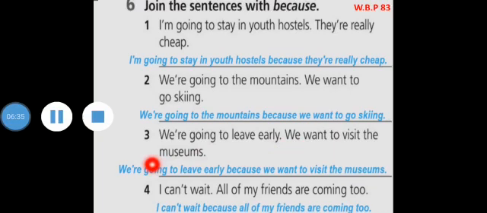Number 4, I can't wait because all of my friends are coming too. Again, delete the full stop, use because, and all begins with a small letter, and because is followed by the reason. Good answers, my great students.